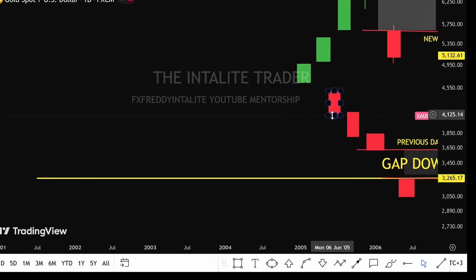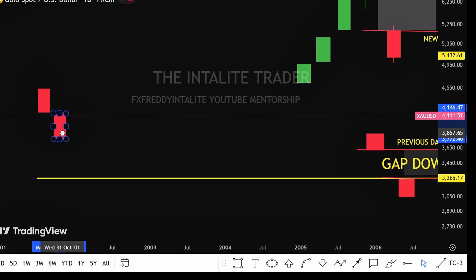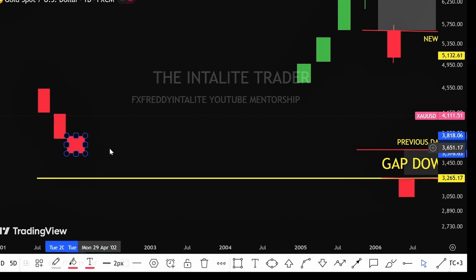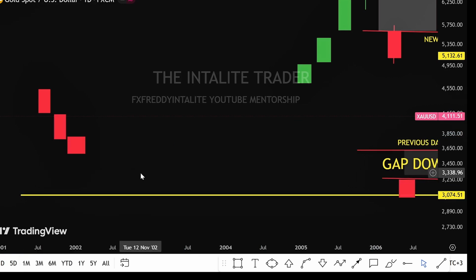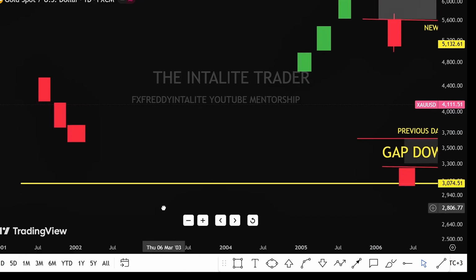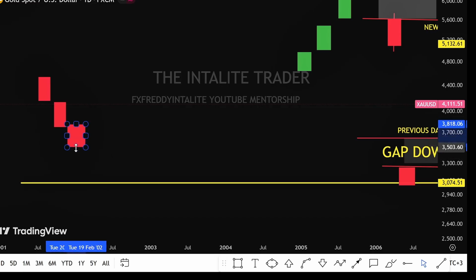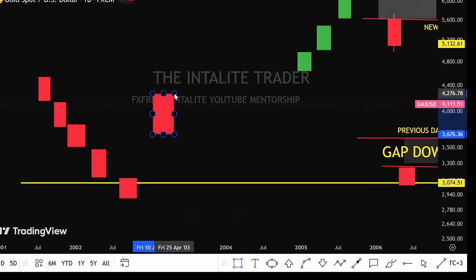You can have these candles here. Price is in a downtrend. Price is selling here. And then the next day, you wake up to see a candle which is like this, creating a gap.